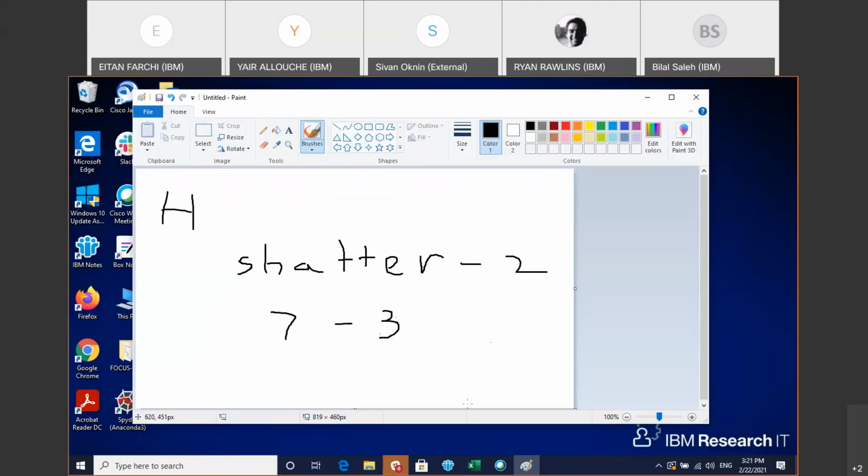So there exists a set of points of size 2 that we can shatter, and no set of 3 points can be shattered. So we say that the VC dimension of H is 2. So we learned 2 things here.